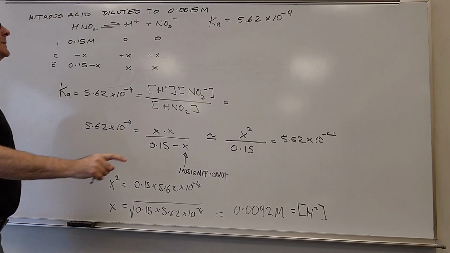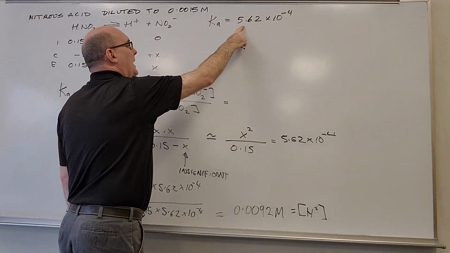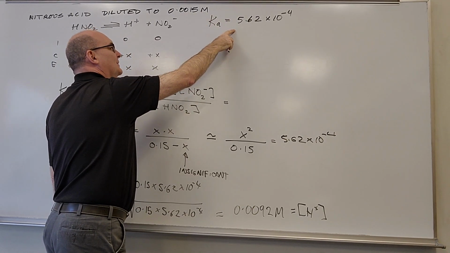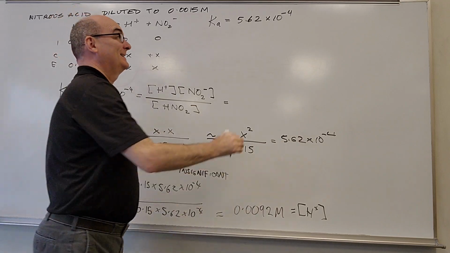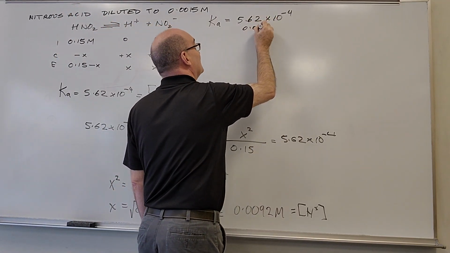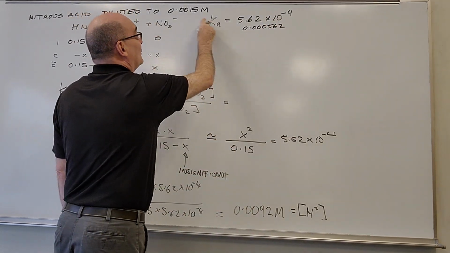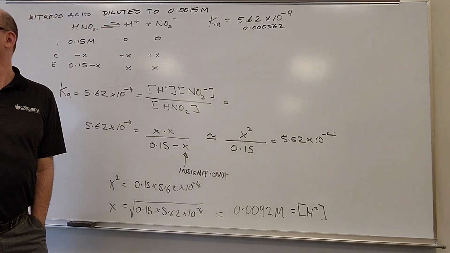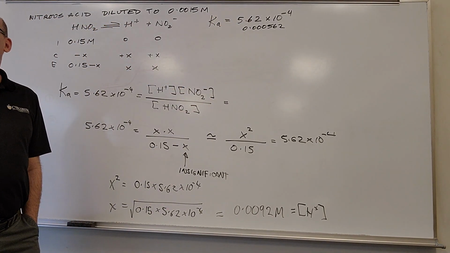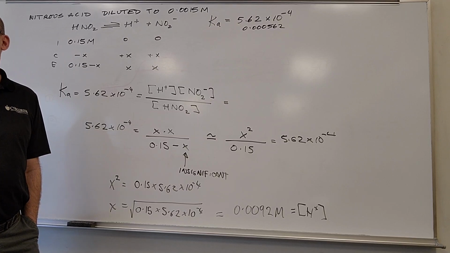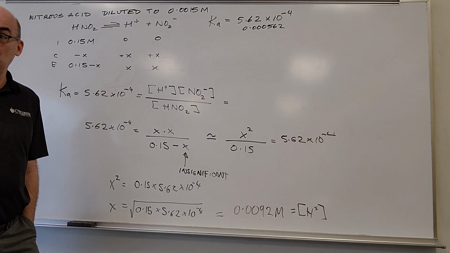Now, that value of Ka is a little bit close to this, because this right here is 0.000562. They're not very, very different anymore. So when your value of Ka is 10 to the negative 8, you really don't have to worry about dilution, because you would have to worry about dilution being really, really dilute.